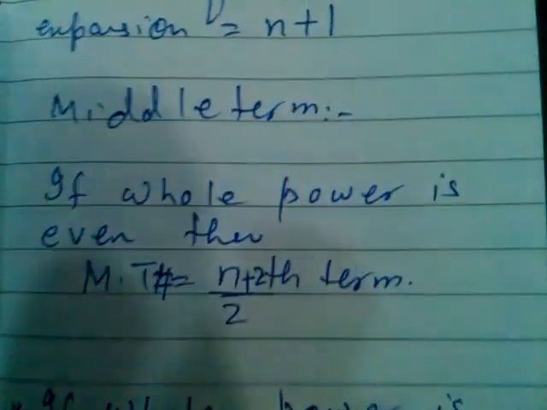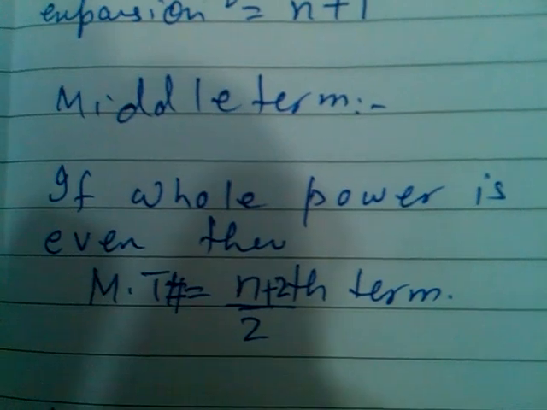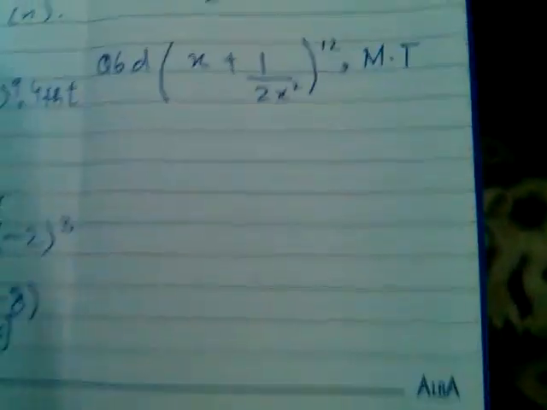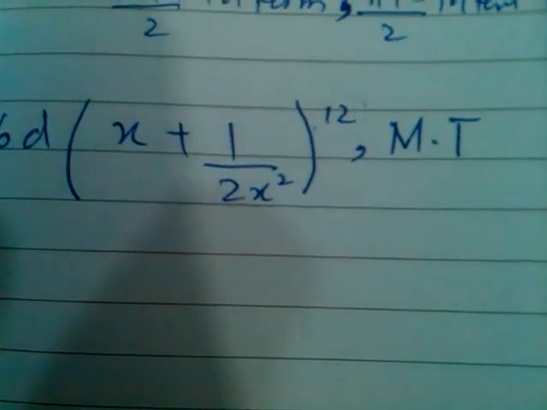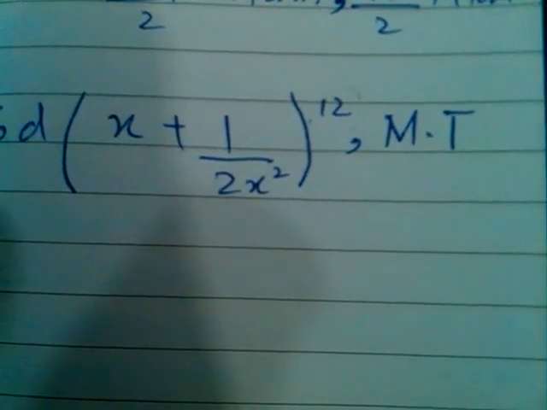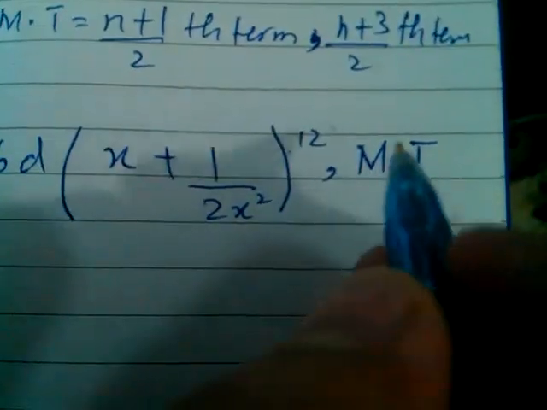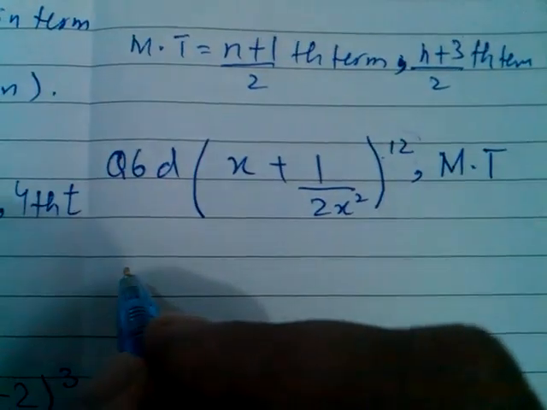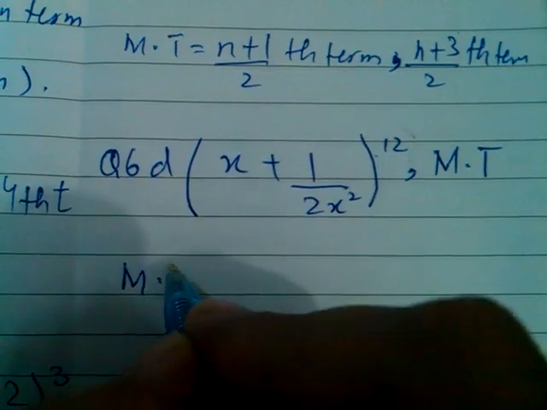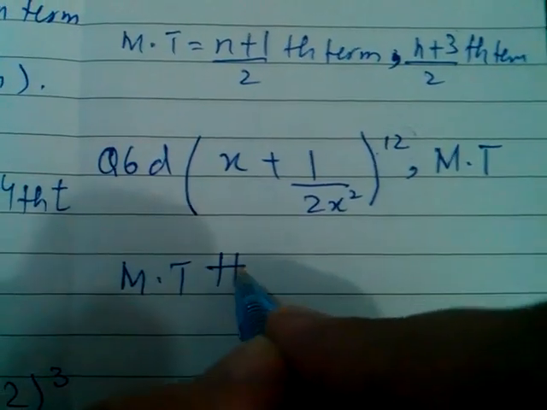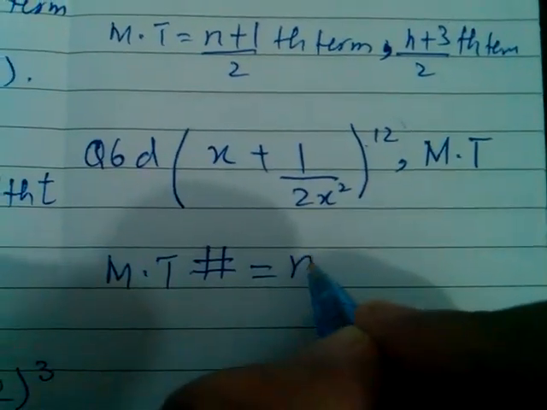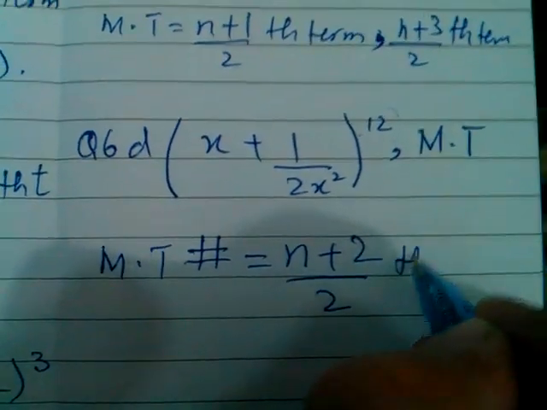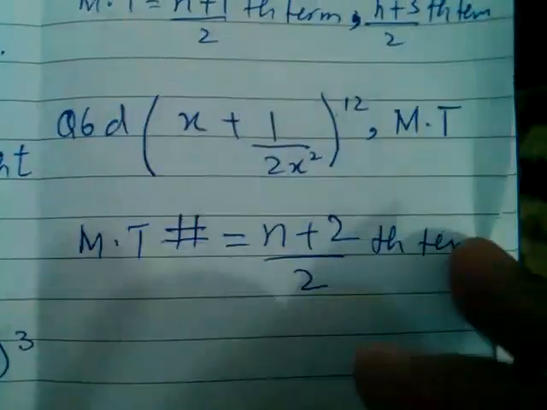In order to find the middle term in any expansion, I need to have the term number first. So I have written the question over here: x plus 1 over 2x square whole power 12, and I have to find the middle term. How will I start? My middle term number will be (n plus 2) over 2 th term.